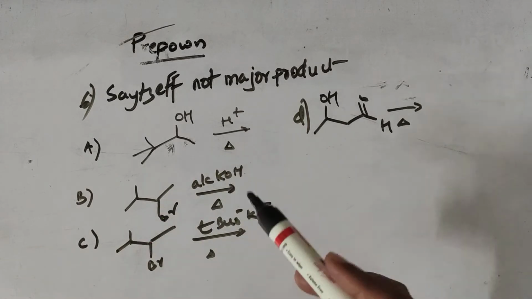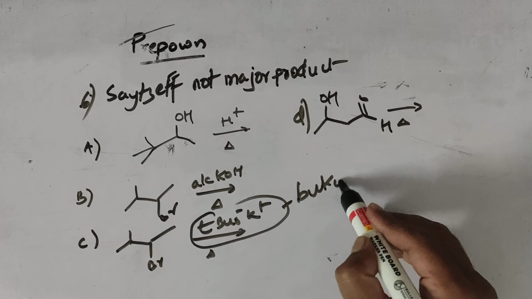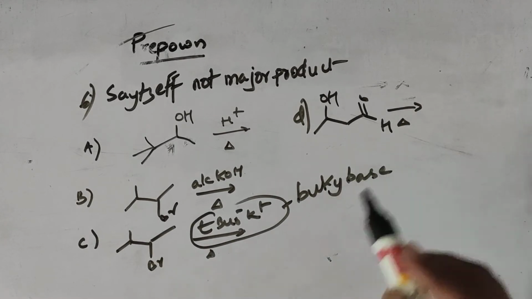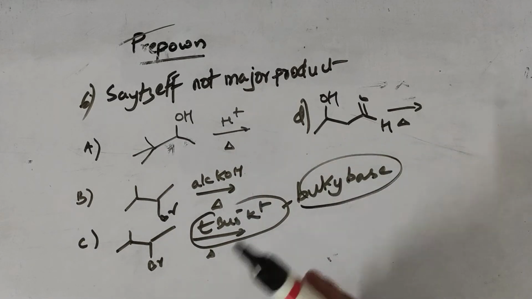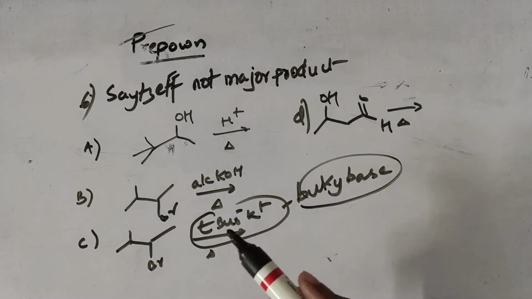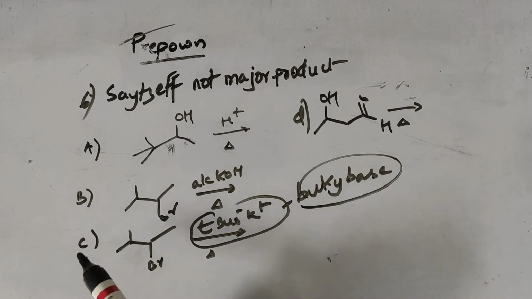If you know about all the options, tertiary butoxide is a bulky base. The moment there is a bulky base, Hofmann elimination takes place but not Saytzeff elimination. That is, the major product would be through Hofmann elimination but not Saytzeff elimination. So the correct answer for this question would be C, because this gives the Hofmann product as the major product.